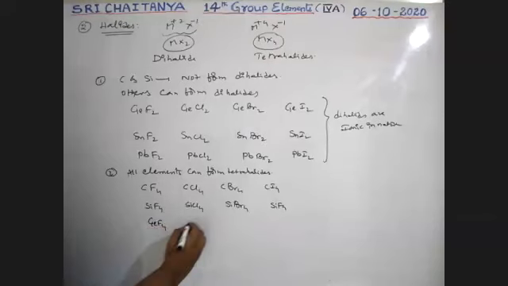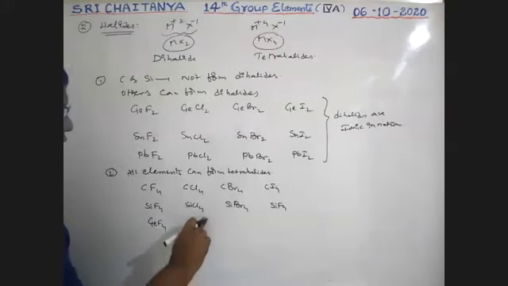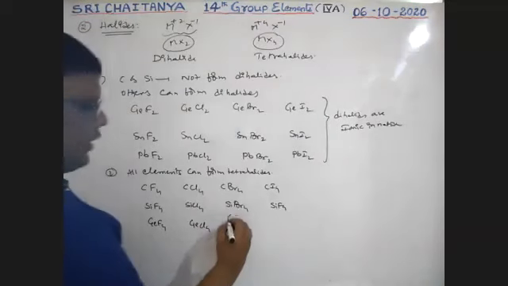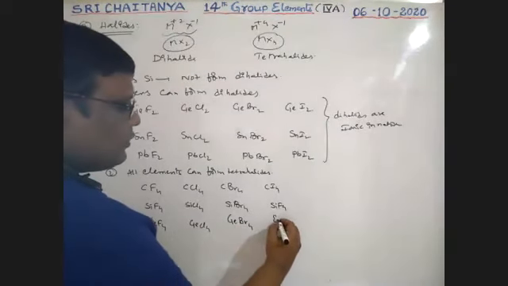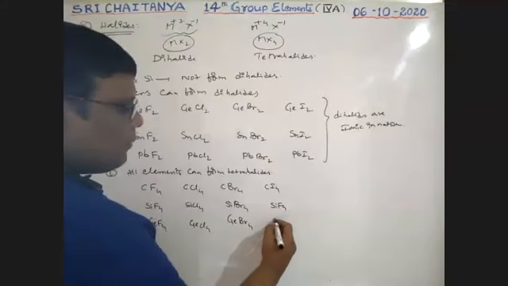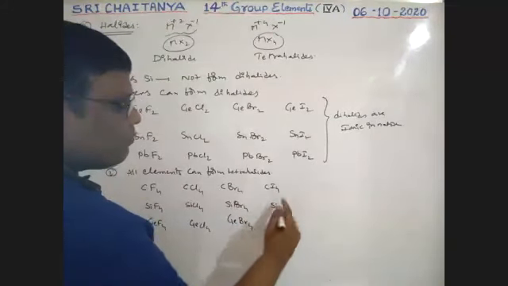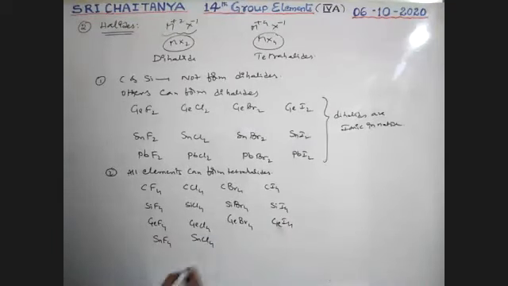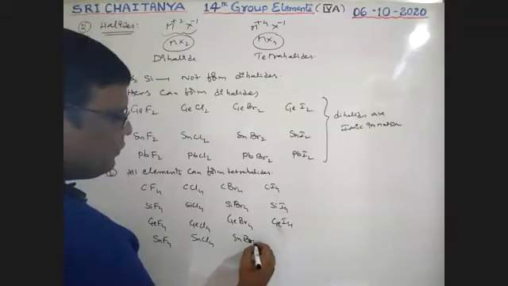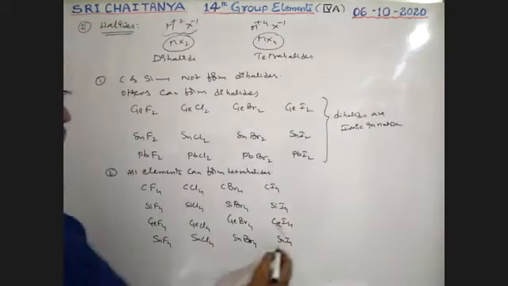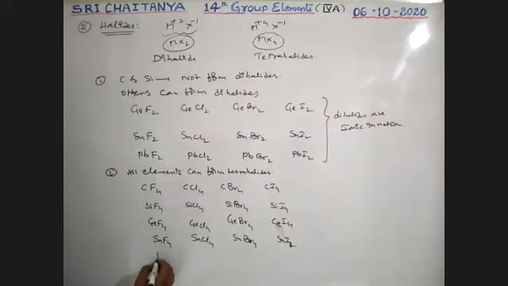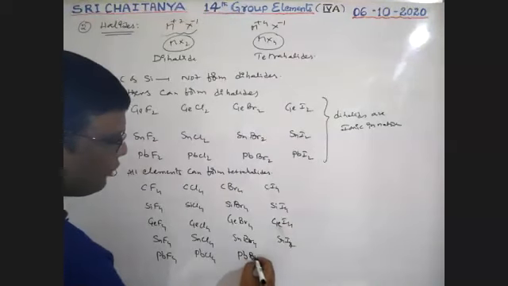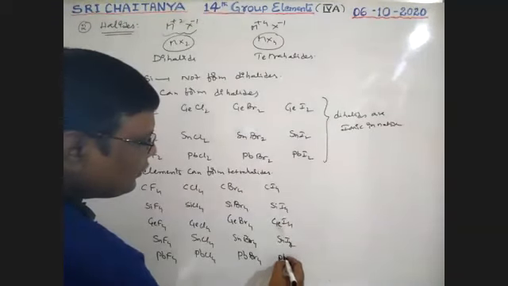Germanium: GeF4, GeCl4, GeBr4, GeI4. Tin: SnF4, SnCl4, SnBr4, SnI4 exist. Next, PbF4, PbCl4, PbBr4, PbI4. These exist.